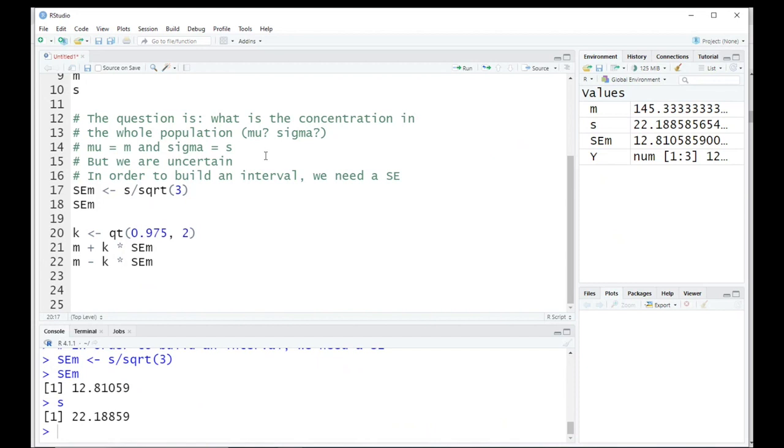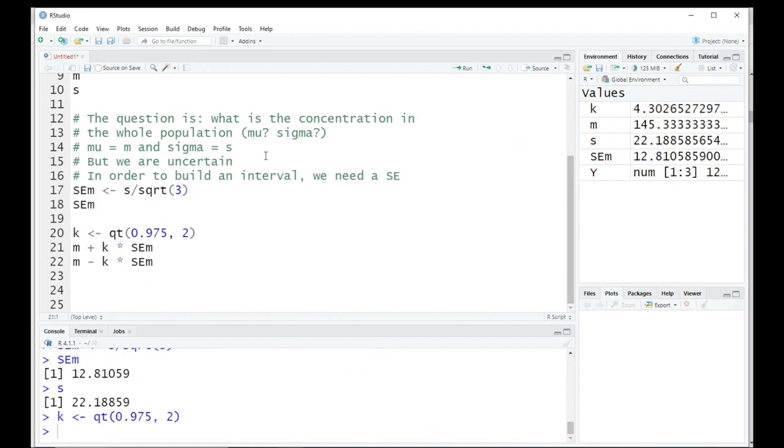Okay? And then we have our confidence interval, which goes from 90 to 200.